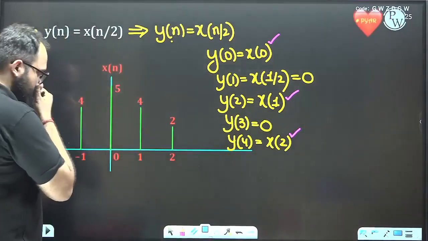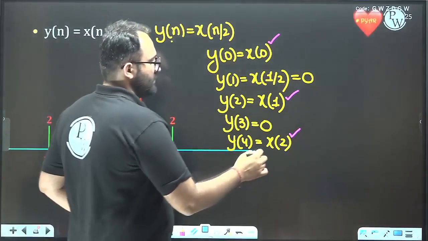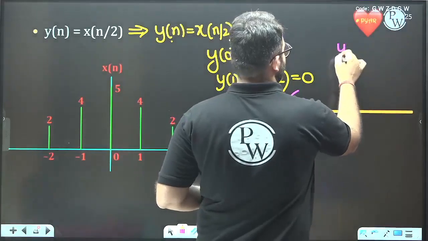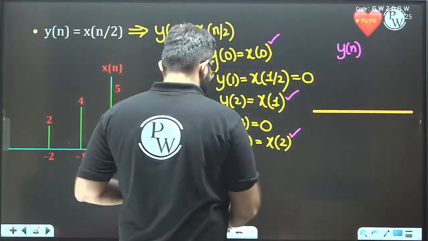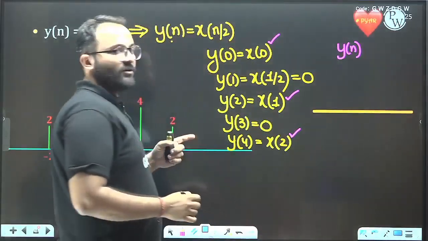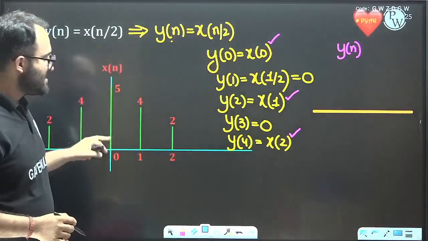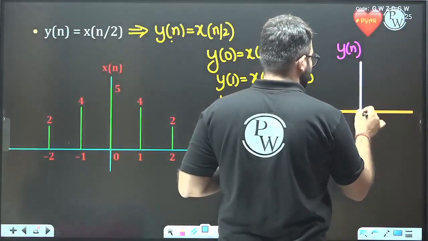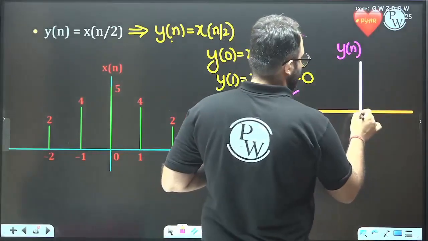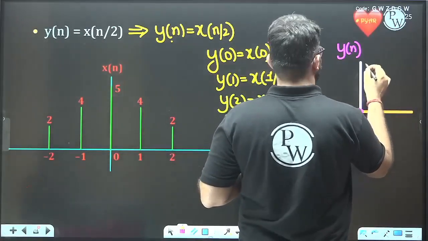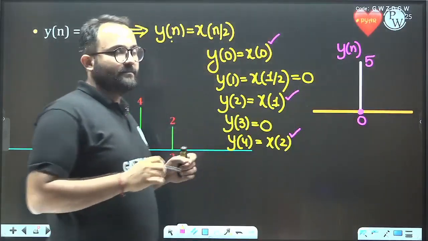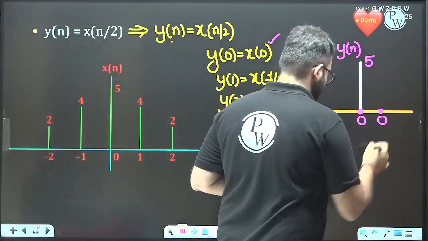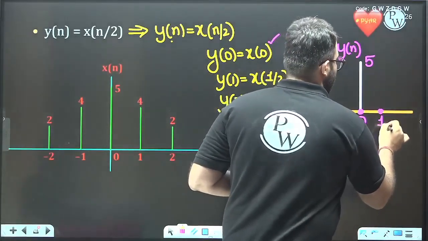For example, in this case, if I draw yn, at 0, y0 is equal to x0, so 5 is directly going to 0. But y1 is equal to 0, so we added a 0 value between two samples.